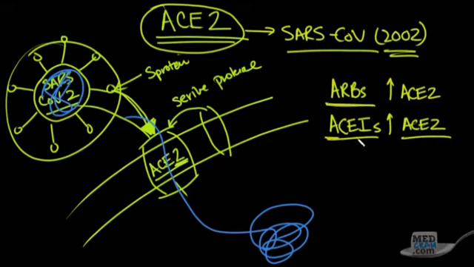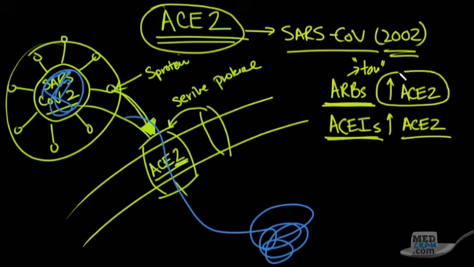So how do you know if you're on an ARB or an ACE inhibitor? Typically, ARBs end in -tan. So you might see this as losartan or irbesartan or candesartan. These are all -tans. They are angiotensin receptor blockers. We're going to talk more about what they do.